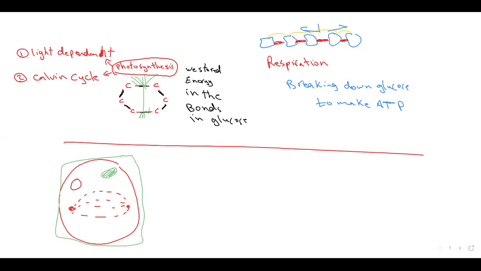So, except for cell wall, chloroplast, lysosome, and centrioles, everything else is common between animals and plants.